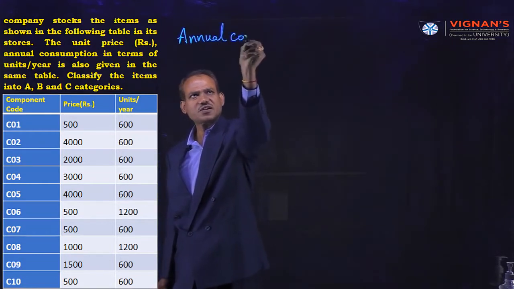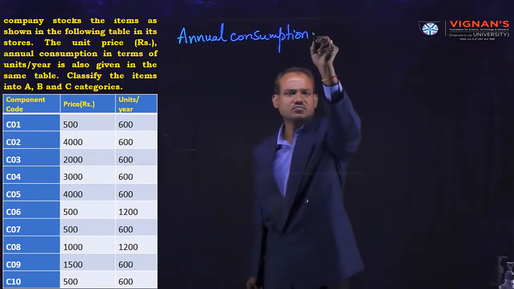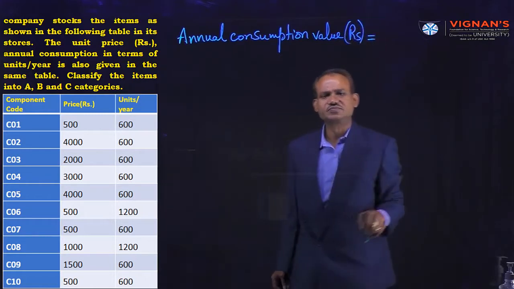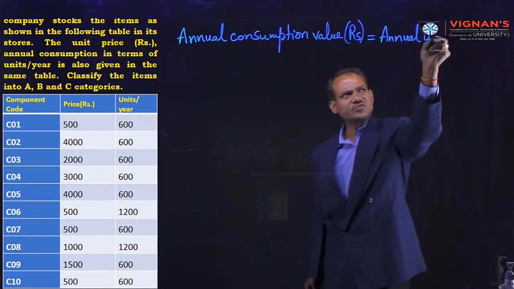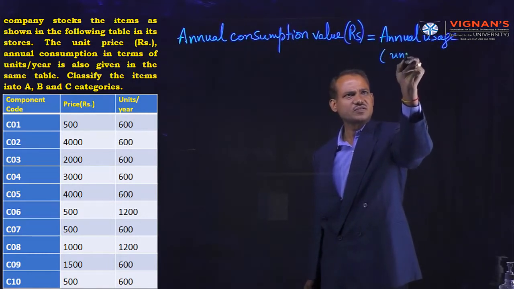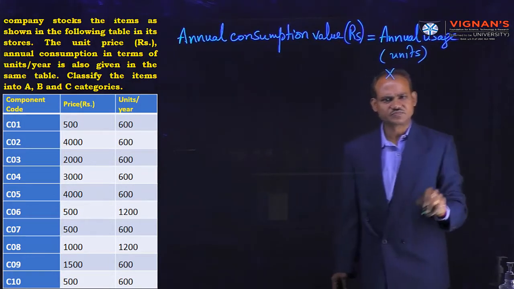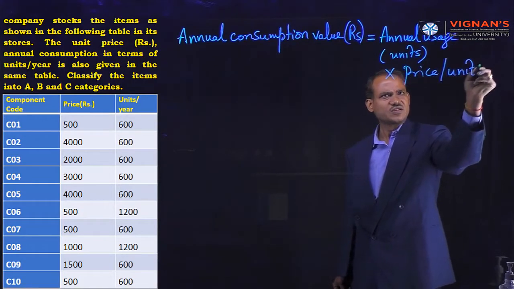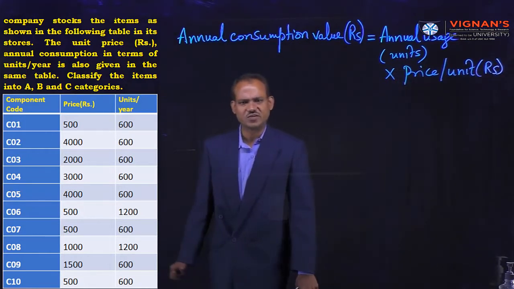Annual consumption value, represented in rupees, is equal to annual usage, that is number of units, quantity, into price per unit. This is represented in rupees. So this is the annual consumption value.